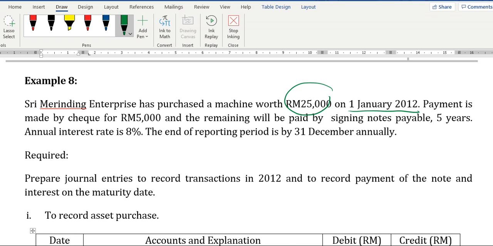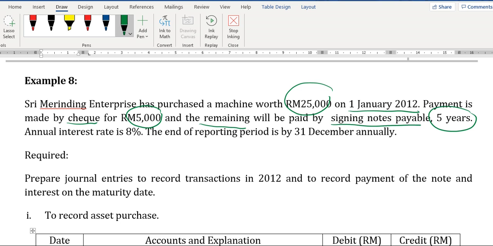The payment for this asset was made with two methods. They segregate the payment into two sections. The first section is 5,000, paid by check, and the balance, the remaining, is paid by signing a notes payable with a tenure of 5 years.